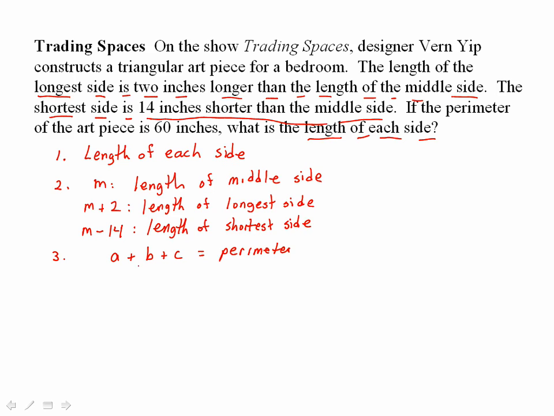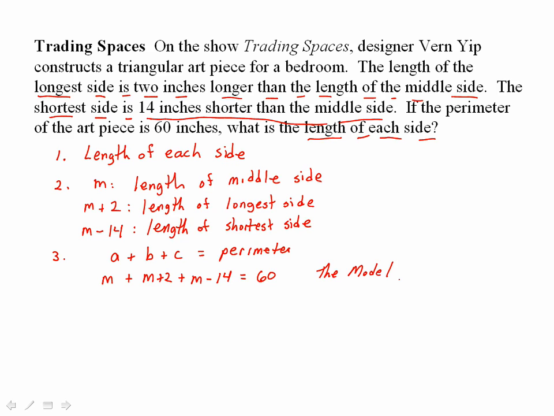And so we get M, the middle side, plus the longest side, M plus 2, plus the shortest side, M minus 14, has to equal the perimeter, which is 60. So there's our model for solving the problem.